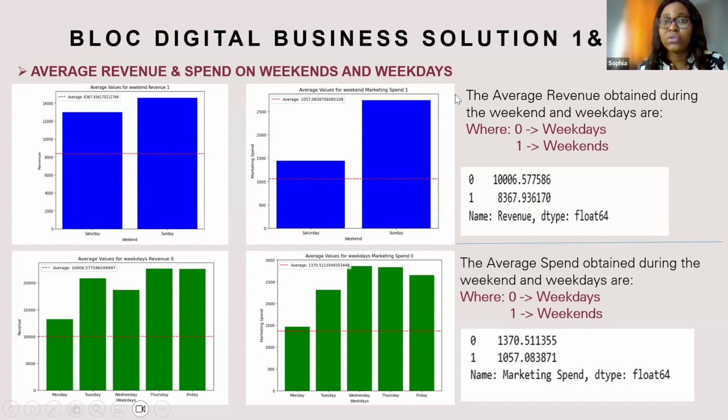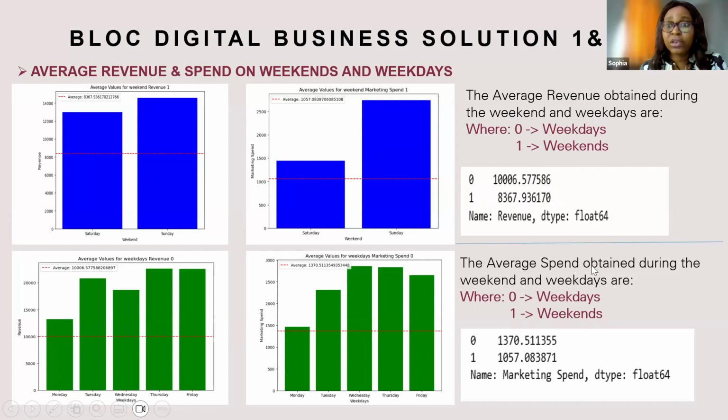This was the outcome of the business question I was able to do. In the result, 0 stands for weekdays and 1 for weekends. To obtain the average revenue during weekdays and weekends, for weekends we've got this value, and for weekdays we've got this value.